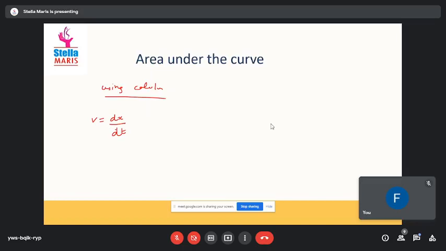Am I right or not? Yes, sir. Okay, so just cross multiply this, that is v into dt is equal to dx. Now we integrate on both sides.